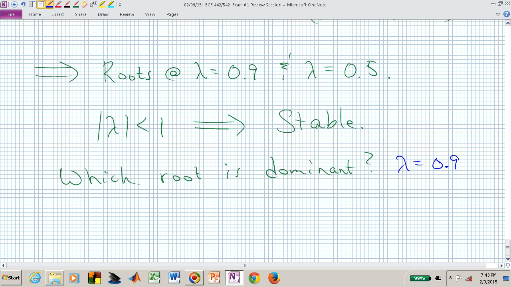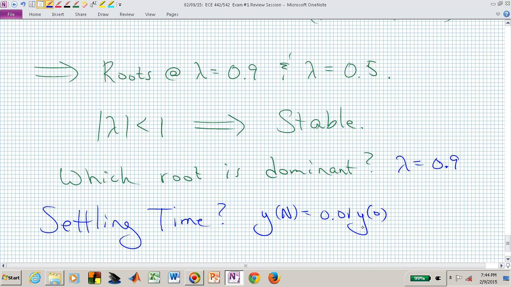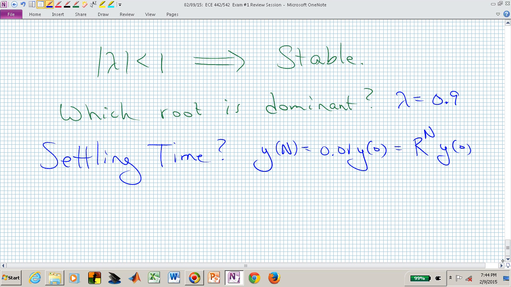Settling time 1% would be this y of n, which you could say for 1% is 0.1 y of 0 is r to the n y of 0.